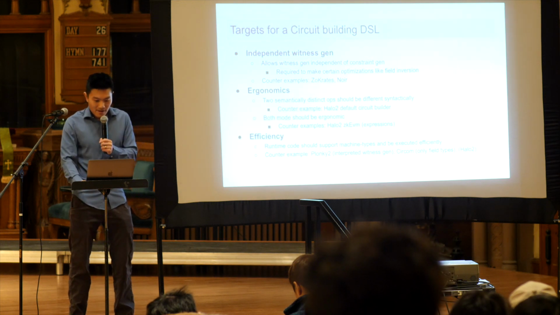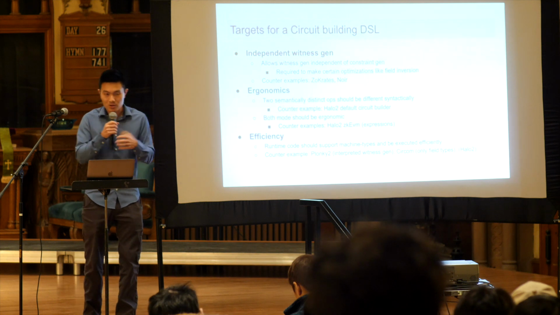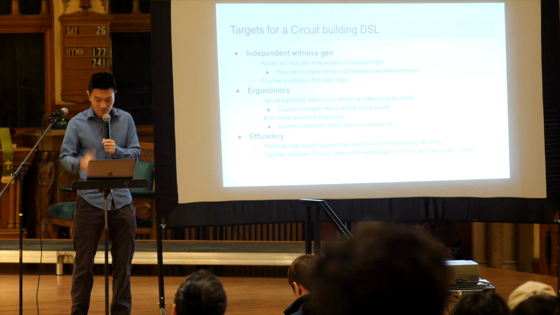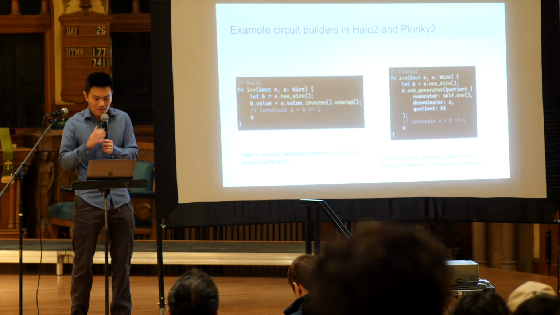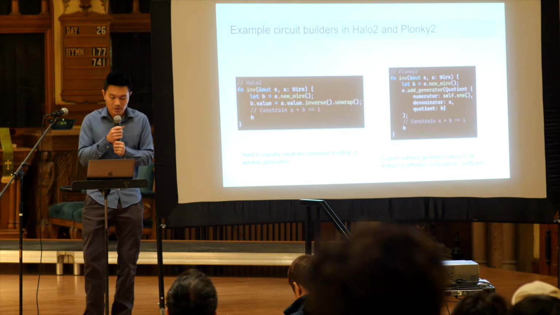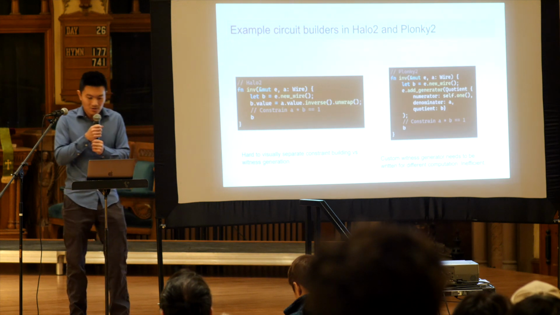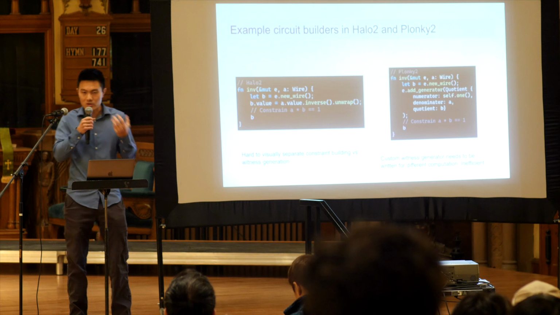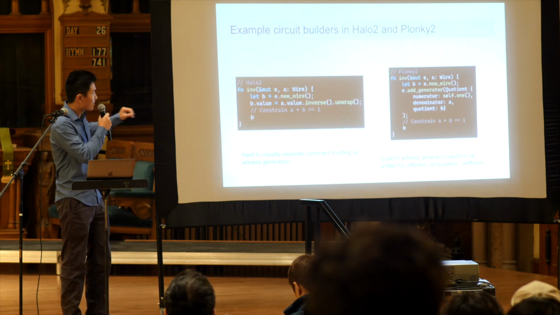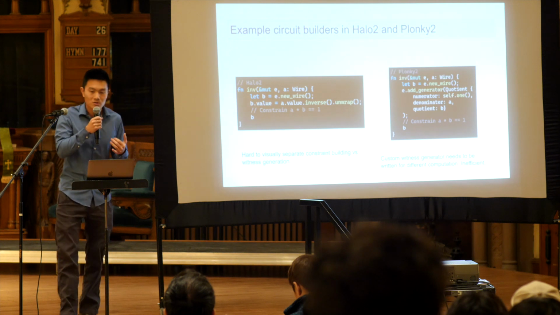Okay, so I think the current way of building circuits in Rust and generating witness generation code leaves something to be desired. Let me give a quick example of what state-of-the-art circuit builders look like. This is a bit of a simplification. We'll come back to the same example of computing the inverse. On the left-hand side, we have the Halo 2 style circuit building.